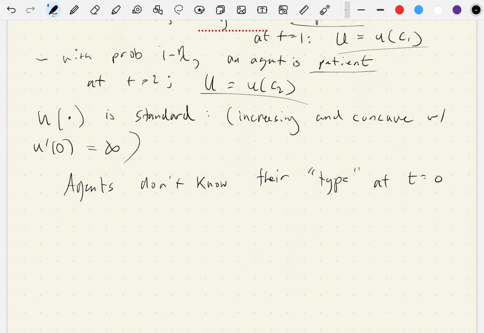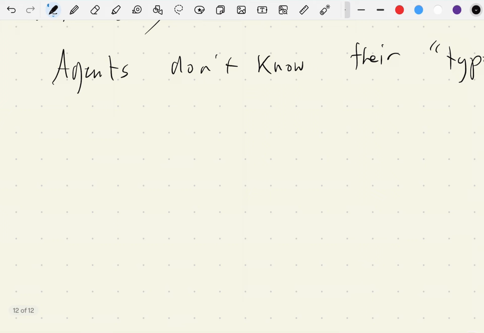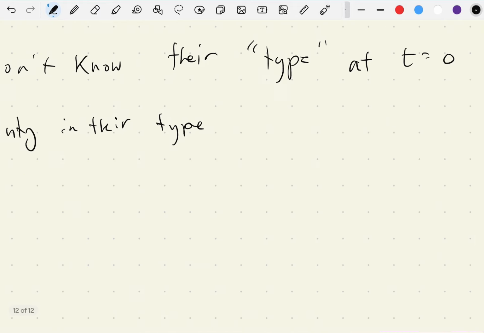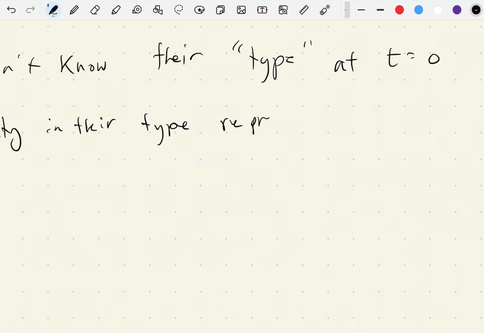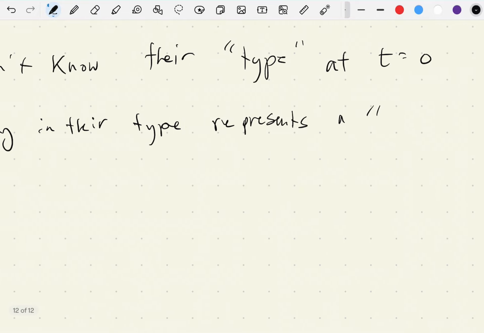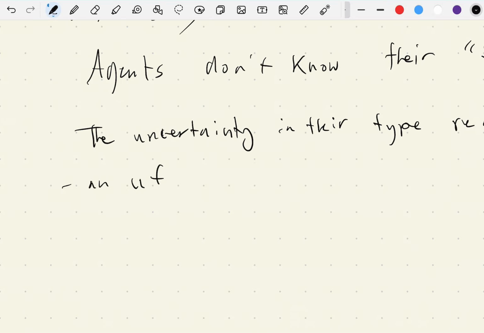This uncertainty in their type represents something called a liquidity shock.